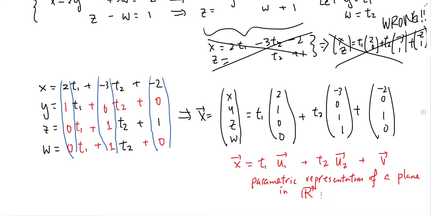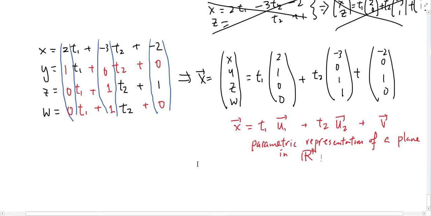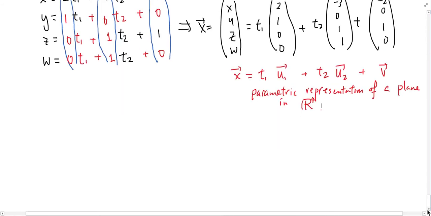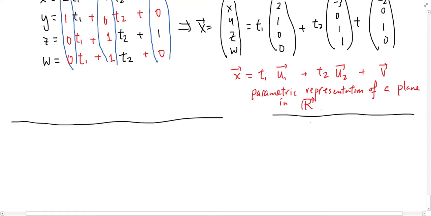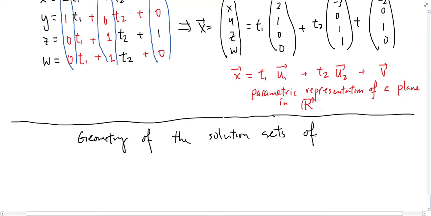Well, if it's more than two, then it forms something a little different. So I want to show you what that is. This is basically talking about what we call the geometry of the solution set of a linear system.